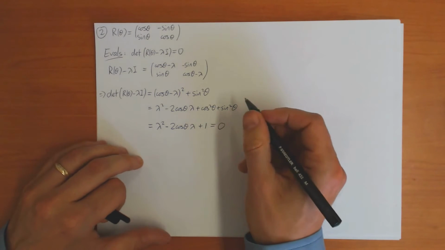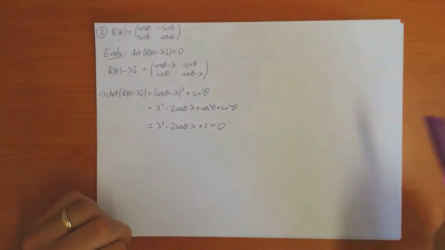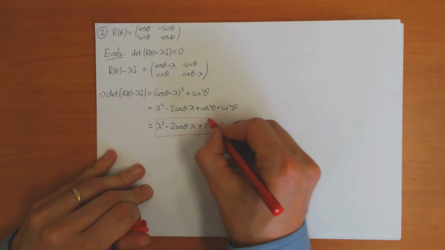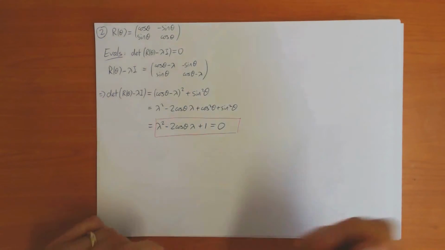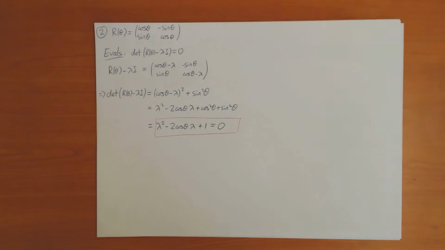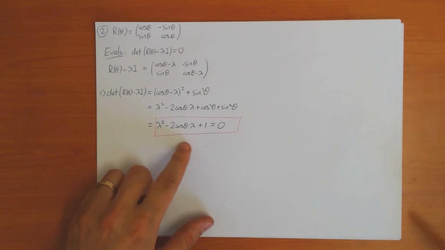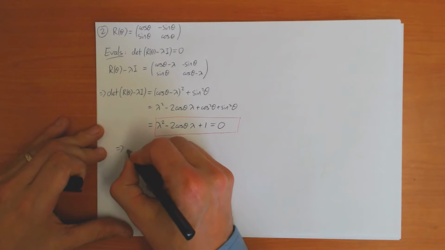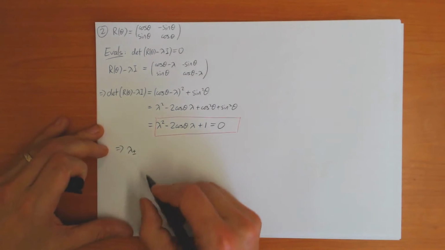And we need this to be equal to 0. So again, this defines our characteristic polynomial, which we need to solve to find the eigenvalues and eigenvectors. Okay, so this one doesn't factorize simply, but we can find the solutions using the quadratic formula.